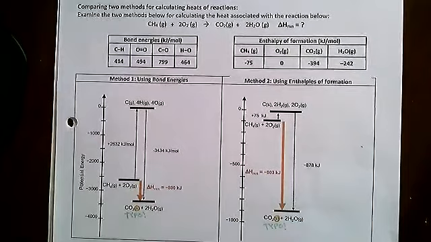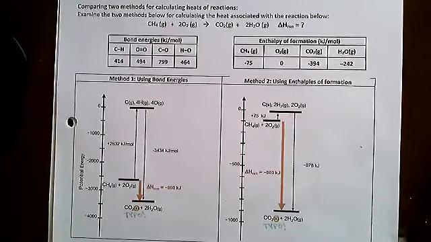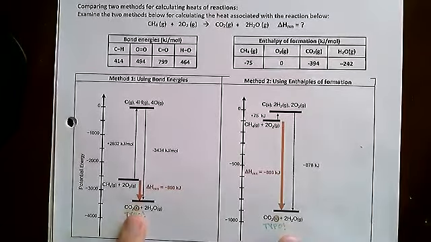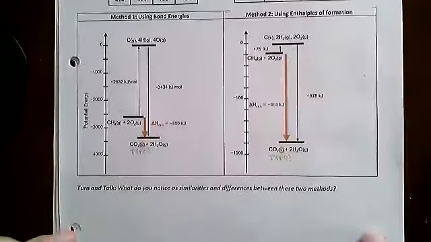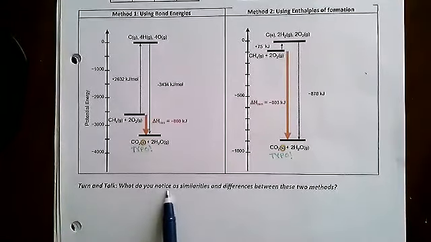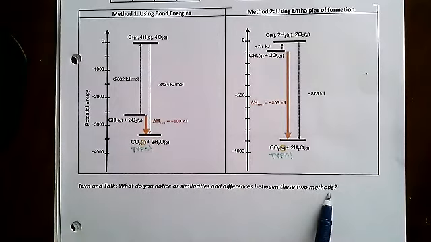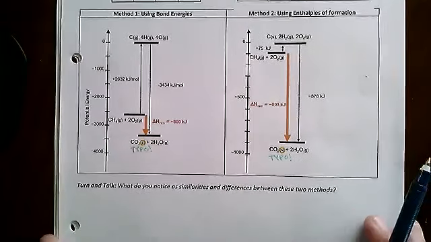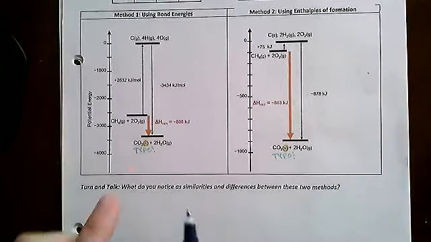So I'm going to send you into breakout rooms, and in your rooms, what I'd like you to do is notice any similarities and differences between the two methods. And as you're noticing things, you can take some notes down here. I do want to highlight one typo.